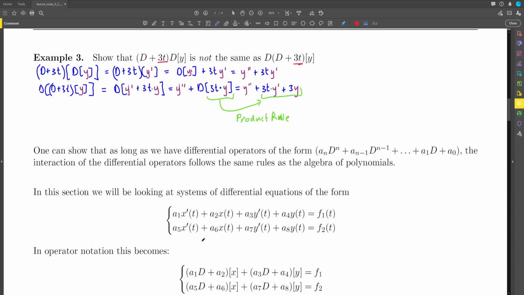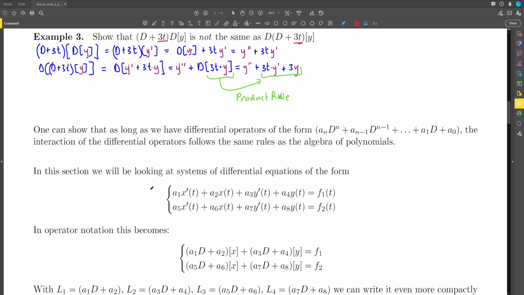So what we can do here is simplify the system of differential equations that's written here as a1 D plus a2 acting on x, where we think of x as a function of t, plus a3 D plus a4 acting on y equals a function f1 of t. And then the second differential equation is a5 D plus a6 acting on x plus a7 D plus a8 acting on y equals f2.